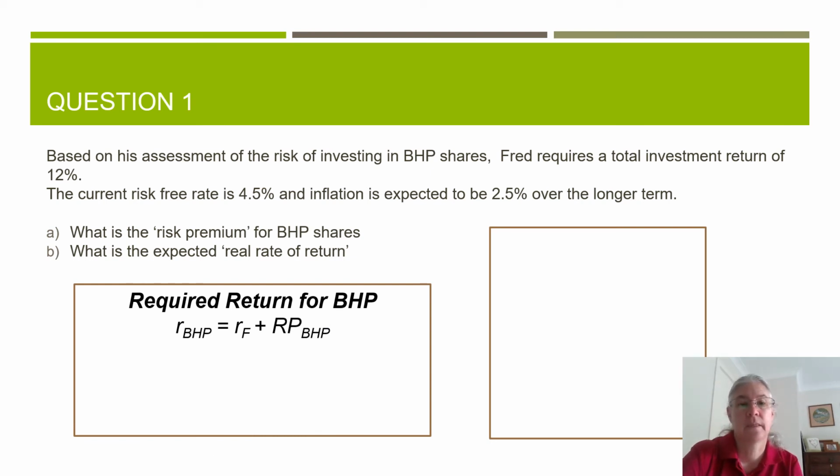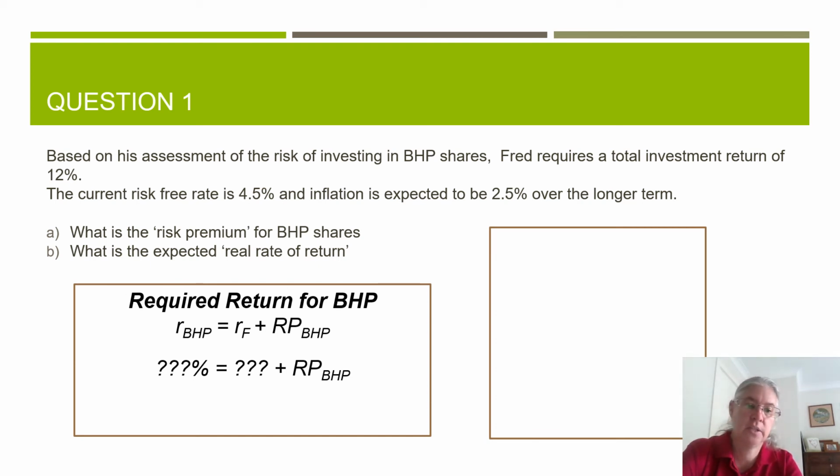Okay, the required return for BHP, we've got the risk-free rate plus the risk premium for BHP. Now we're trying to find out in A, what is the risk premium? So we'll have to rearrange our formula. Remember, what you do to one side, you do to the other.